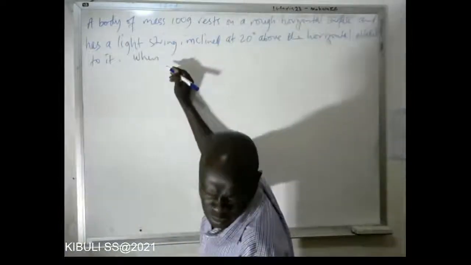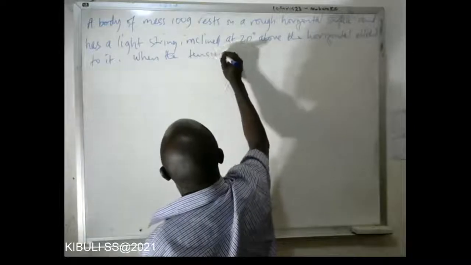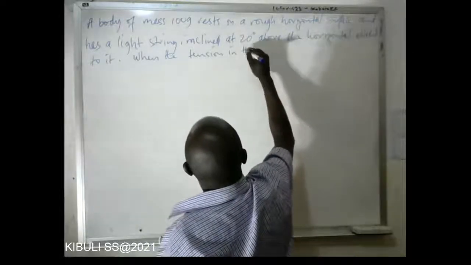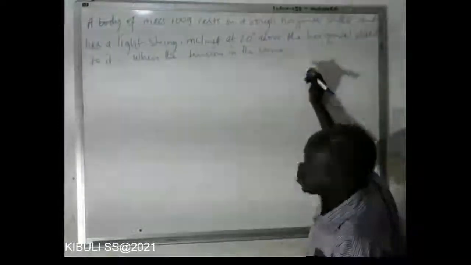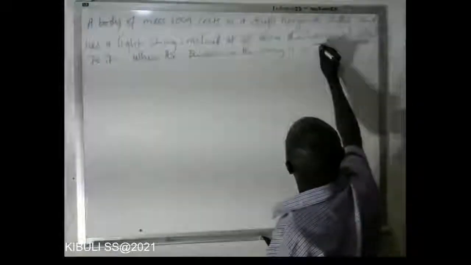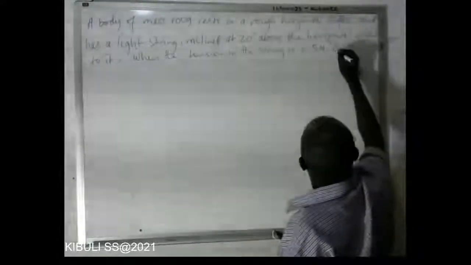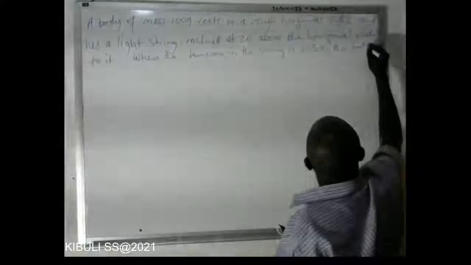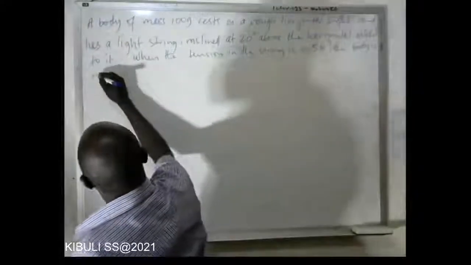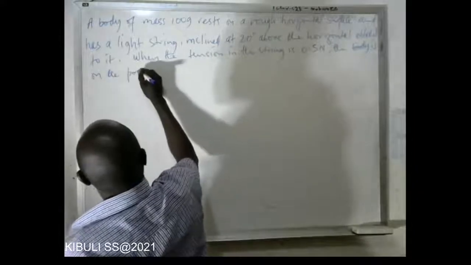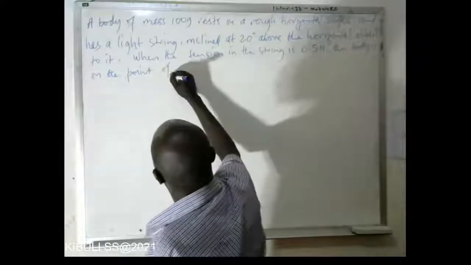When the tension in the string is 0.5 newtons, the body is on the point of sliding.